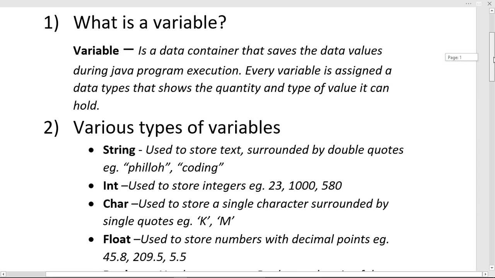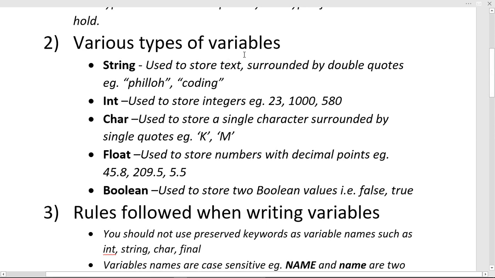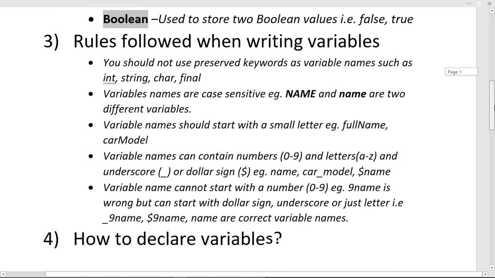Now, we'll discuss the various data types assigned to variable names: string, int, char, float, boolean.